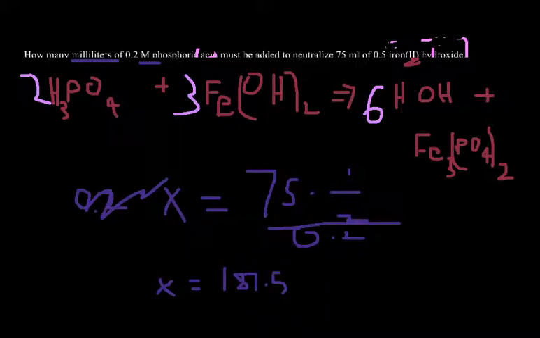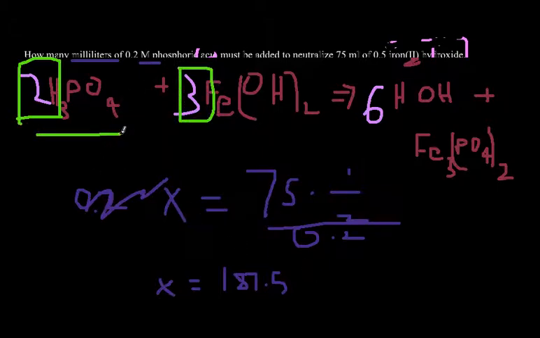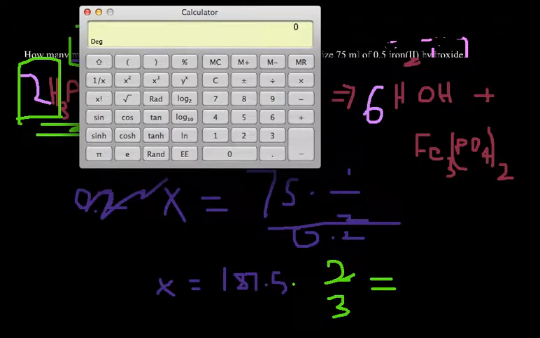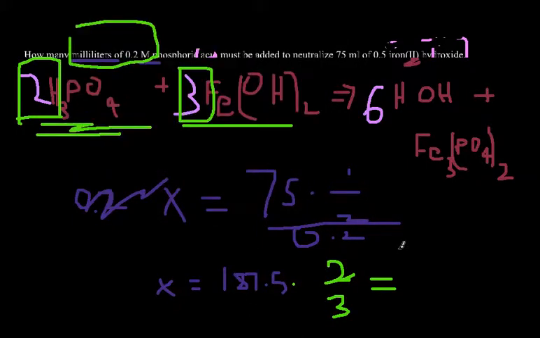Just kidding. We forgot to factor in the mole ratios right here. So for every 2 of these, there's 3 of these. So times 2 over 3, because we want to know how many milliliters of the acid to add. 187.5 times 2 over 3 is 125.